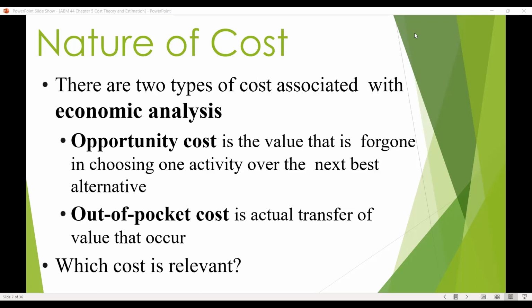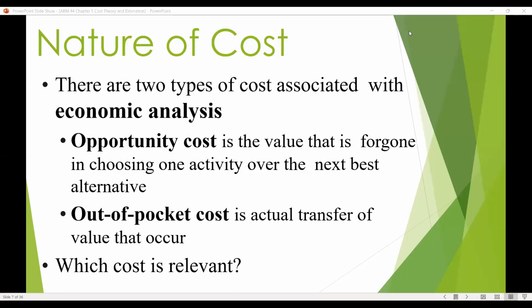Next is out-of-pocket cost. So it is actual transfer of value that occur. So out-of-pocket cost, actual transfer of value. Okay, out-of-pocket costs are mostly those expenses nga in which more siya kuan over the budget, good as over the budget na siya.